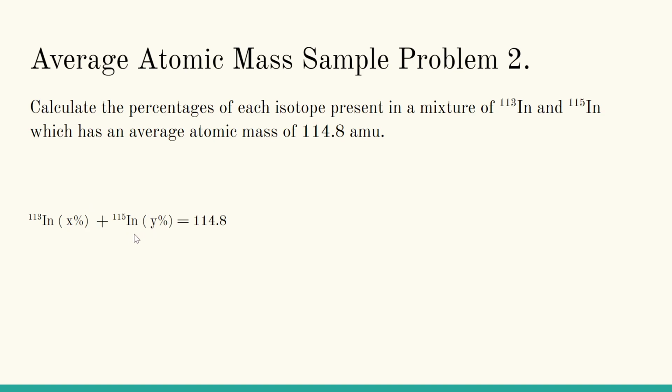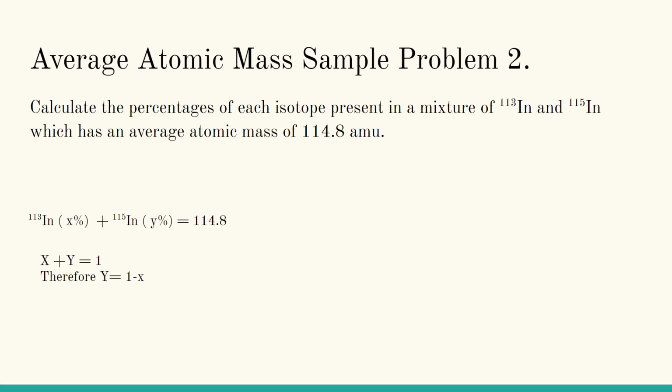Now, we can also think of this X% and Y% as making up 100% of our sample. So 100% of our sample is made up of indium-113 and indium-115. Therefore, we can make a brief equation for that. We know that X plus Y is going to equal 100%.